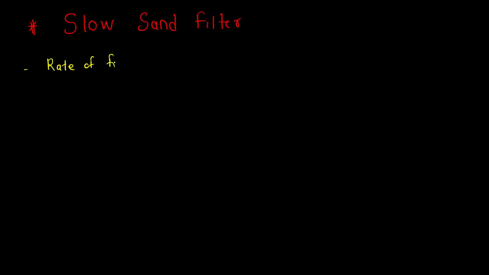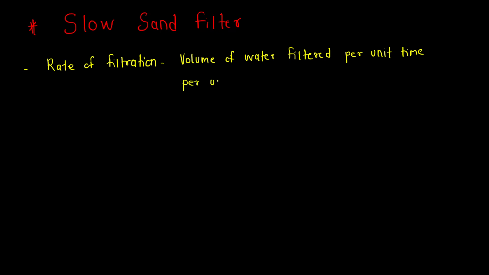Rate of filtration is defined as the volume of water filtered per unit time per unit surface area of filter. Okay.